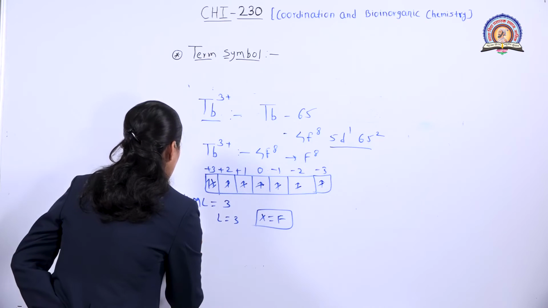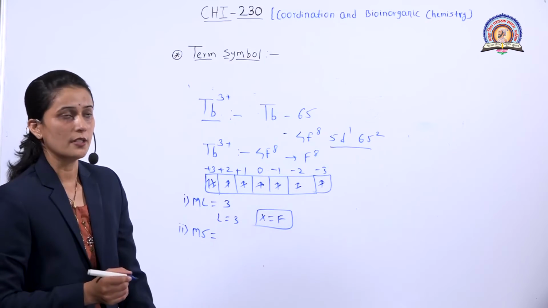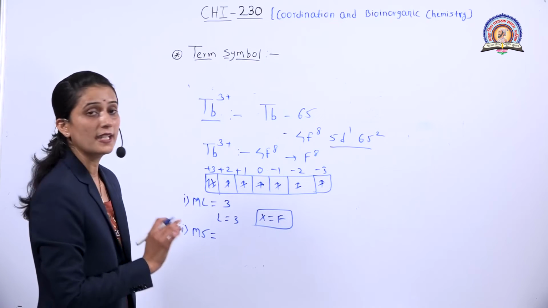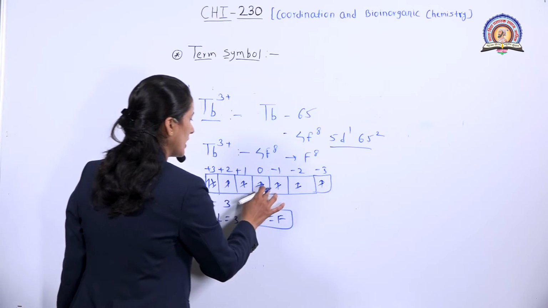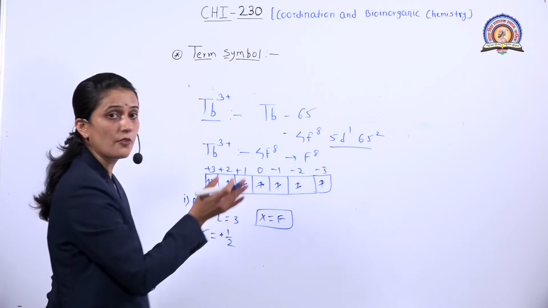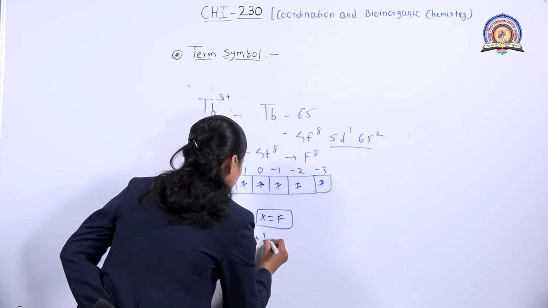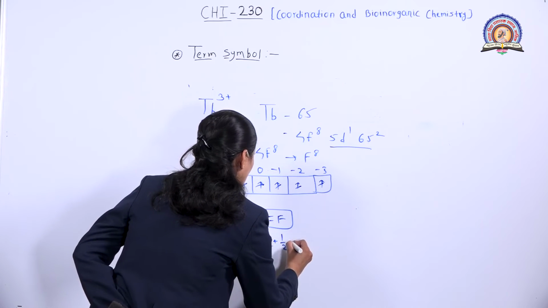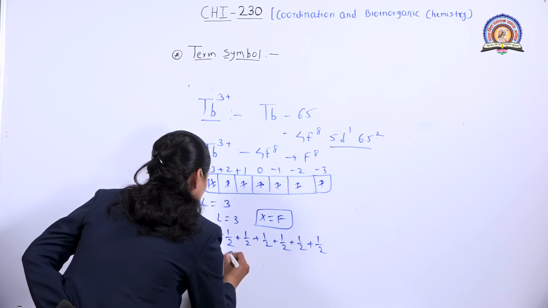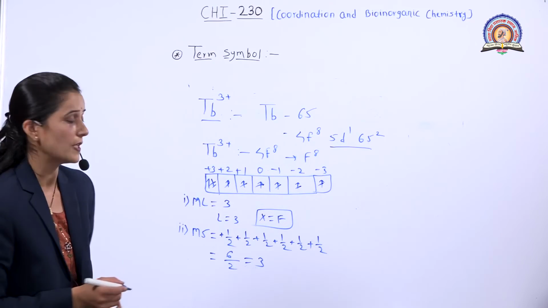Now next, the calculation for the MS value, that is spin quantum number. As this one is paired, plus half and minus half get cancelled. Then 1, 2, 3, 4, 5, 6, all having upward orientation or upward spin. So plus half six times, equal to 6 by 2, that means 3, that is S is equal to 3.